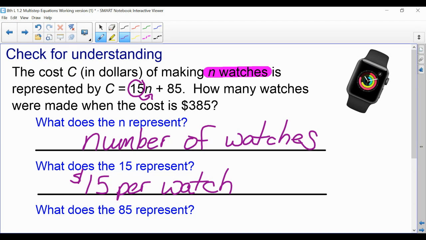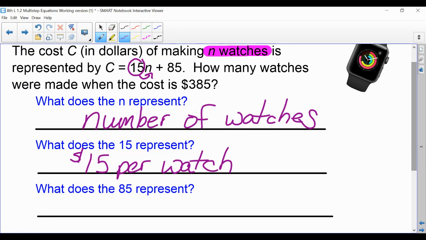You might need to buy the band, the glass for the face, the little dial, all those pieces before you put them together. You have to spend $15 for each set of pieces that you're going to need to put the watches together.